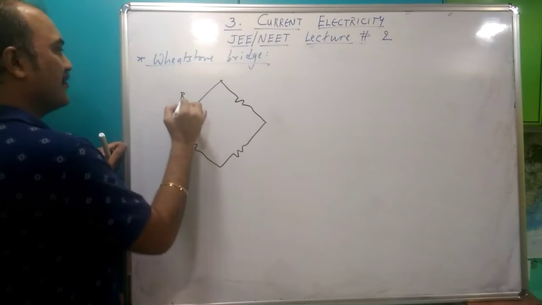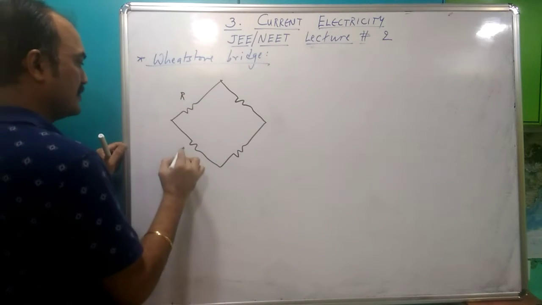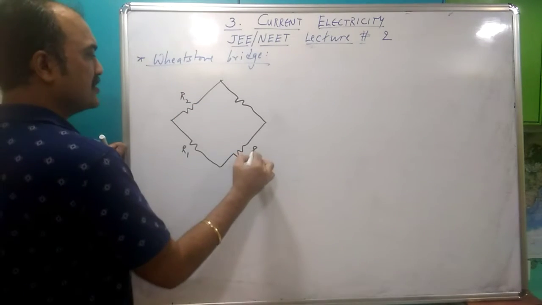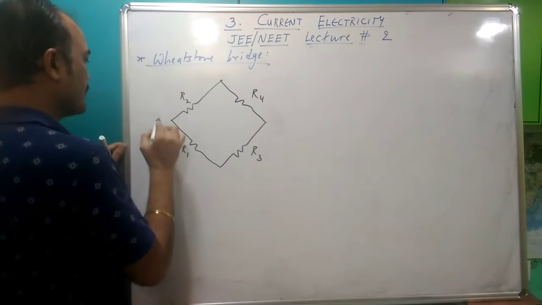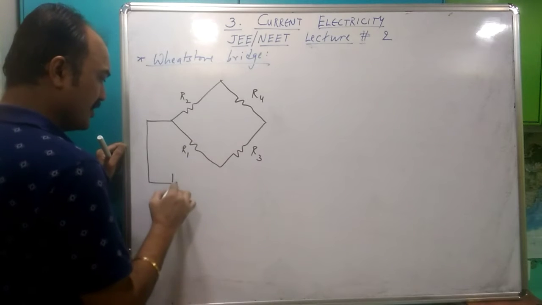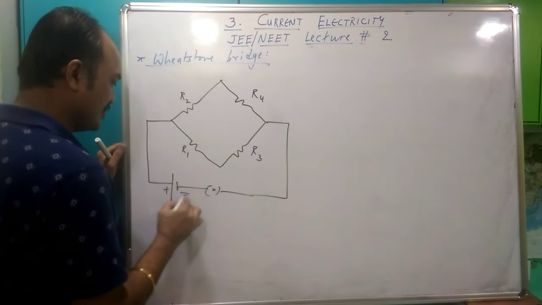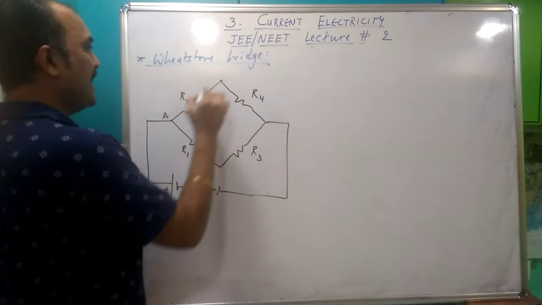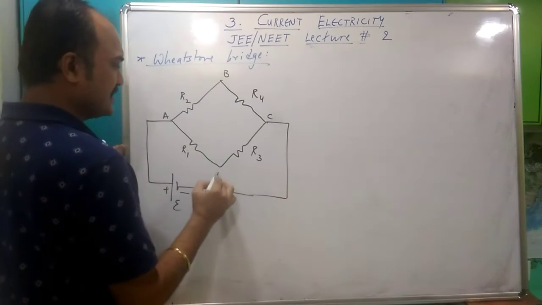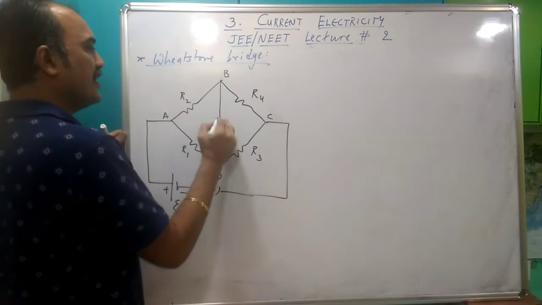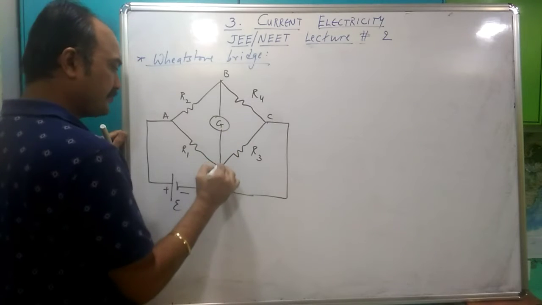Let us say this is R1, this is R2, this is R3, this is R4, and across this point a battery is connected. Without the battery you cannot have any current. So this is epsilon, this is A, this is B, this is C, this is D. Okay, and here a galvanometer is connected.